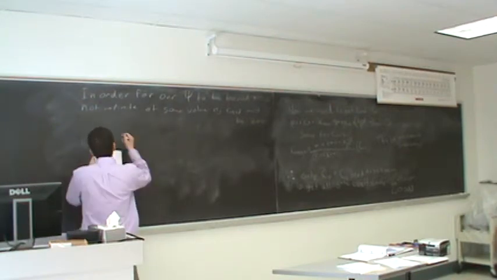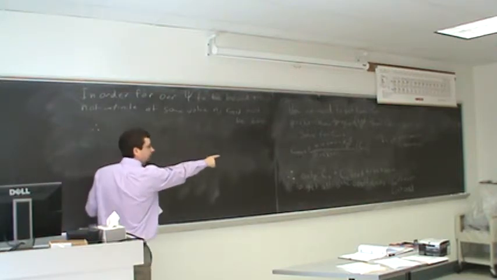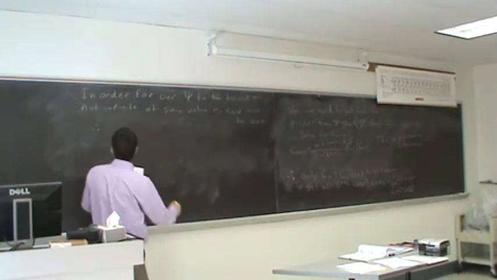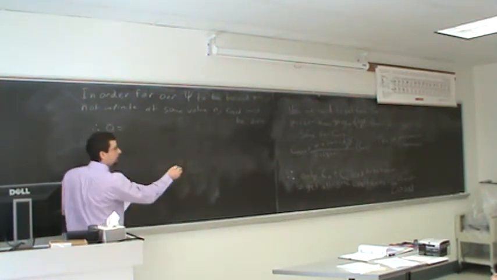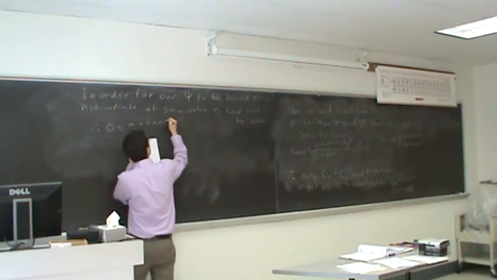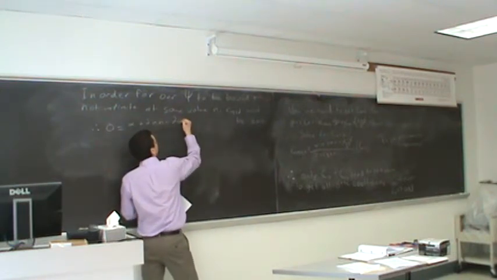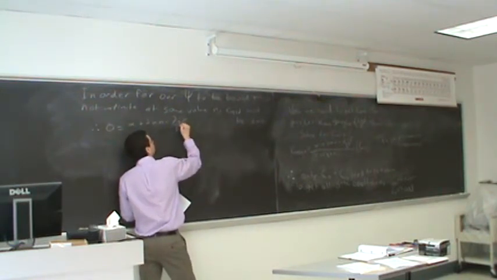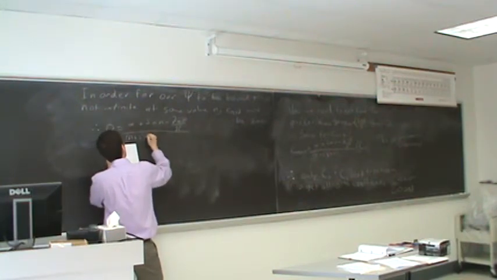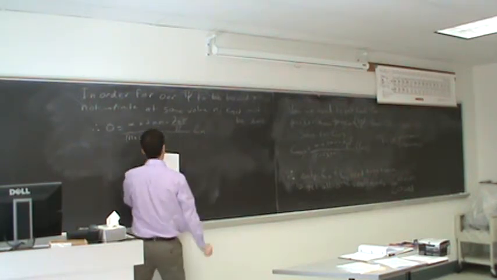Okay. So therefore, if we have this, c sub n should be 0, and we get all of this stuff. We have alpha plus 2 alpha n minus 2mE over h bar squared, over n plus 2 times n plus 1, times c sub n.